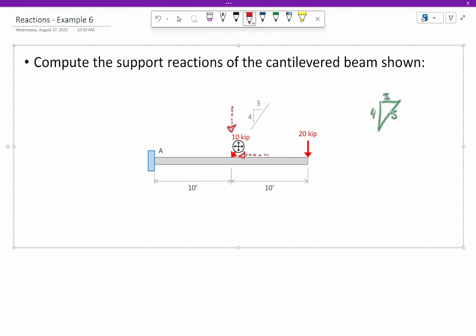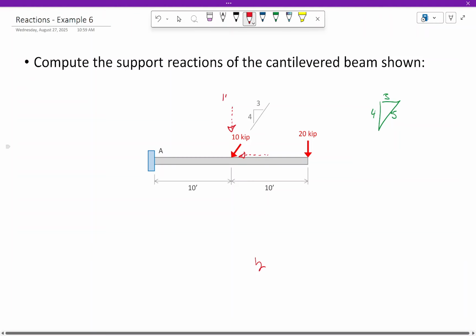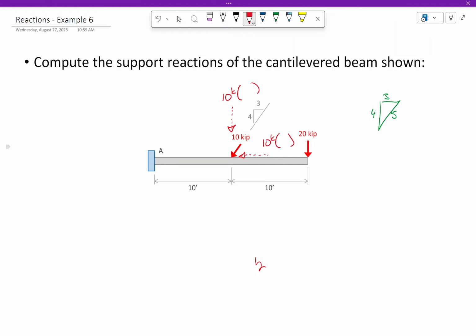I'm going to take 10 kips times a fraction. What fraction goes right here? 4/5. There we go. And over here, 10 kips times 3/5.